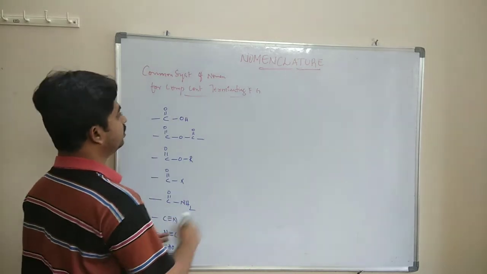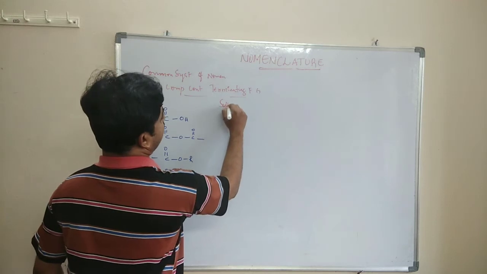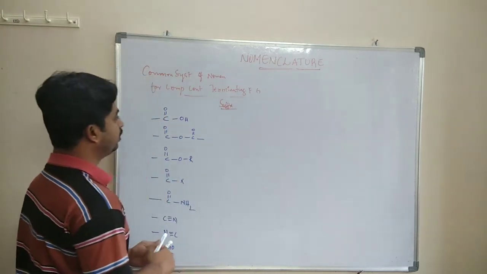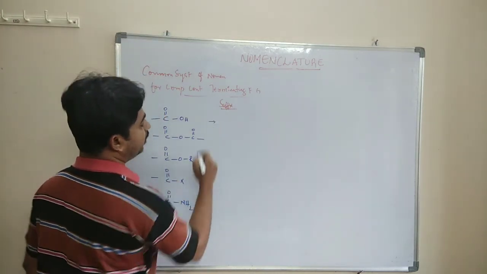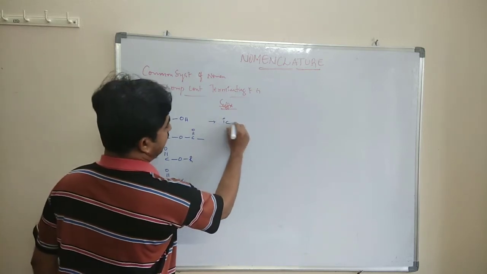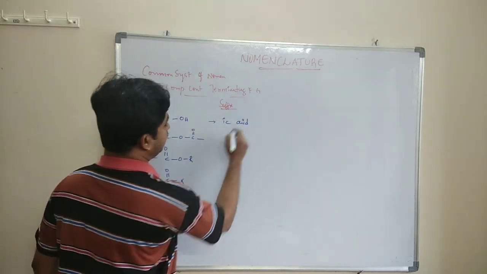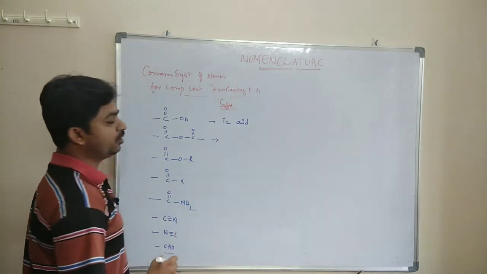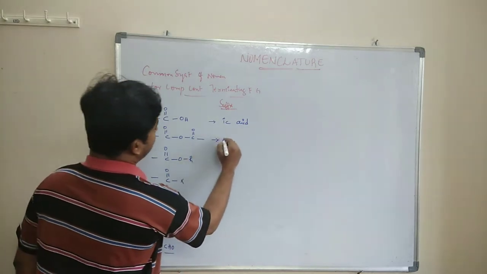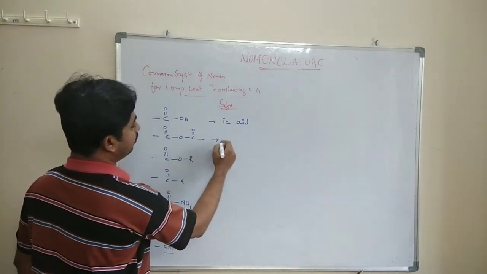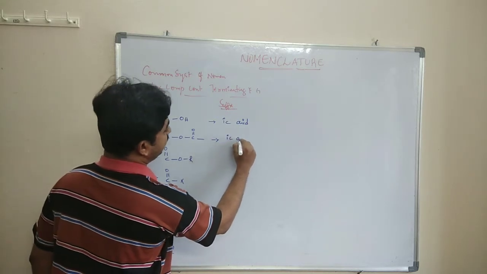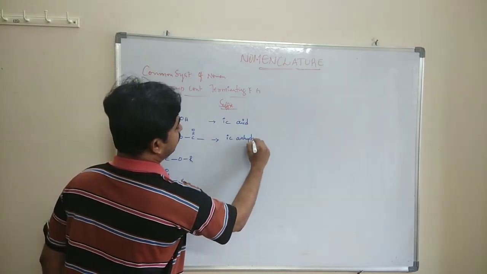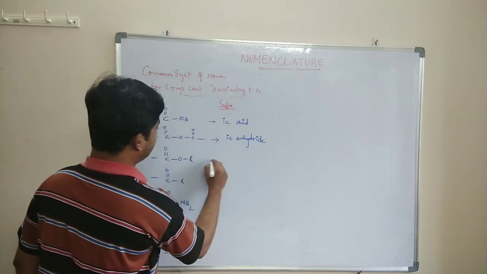Then what about the suffixes of these terminating functional groups? The suffix for COOH is ic acid. The suffix for C=O, C=O is ic anhydride.